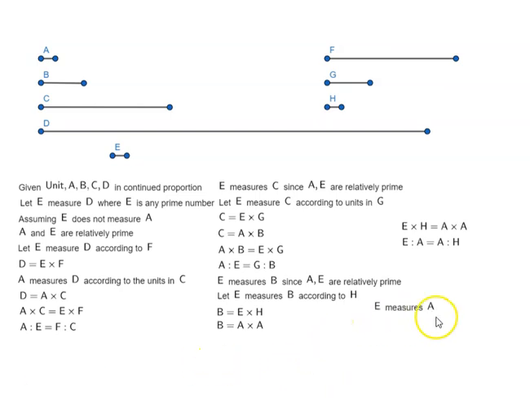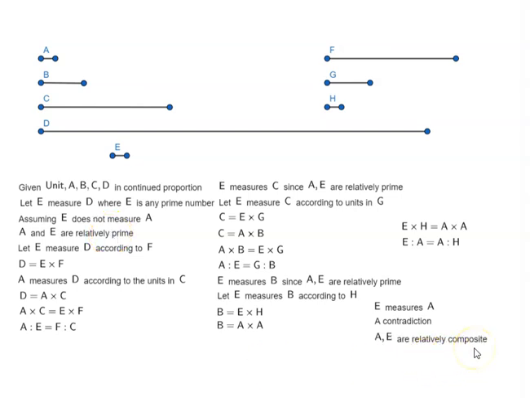That means E measures A. But have we not reached a contradiction? Because we started with the assumption that E does not measure A, and we are reaching a conclusion that E measures A. So there is a contradiction. What does that mean? It means that our assumption is wrong. So E does measure A.